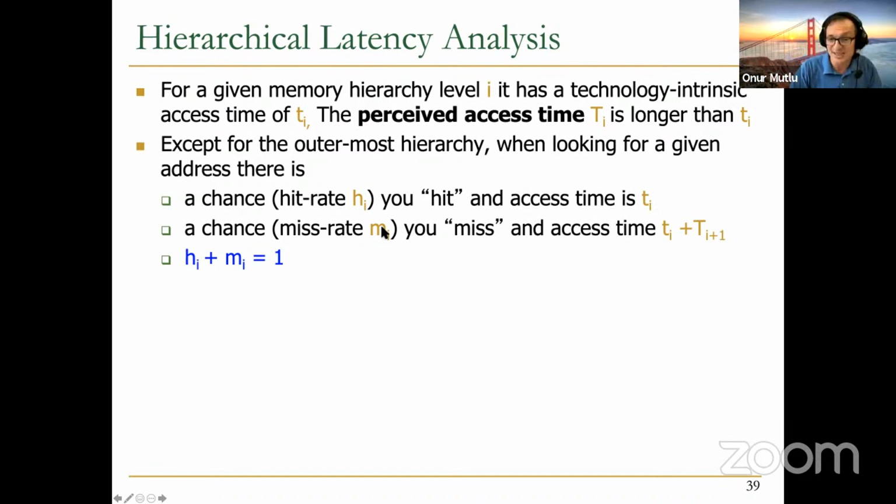But if you miss, then that probability is called mi. And the access time now becomes small ti, to figure out whether you hit or miss, plus the perceived access time of the outer level, the next level in the hierarchy. So you can do a hierarchical latency analysis with this equation. If you hit, you get the ti latency. If you miss, you get small ti plus large Ti plus 1 latency, which is the access latency of the outer structures.